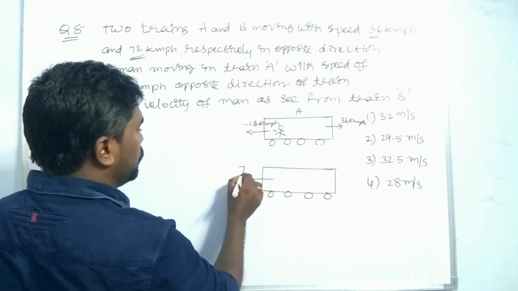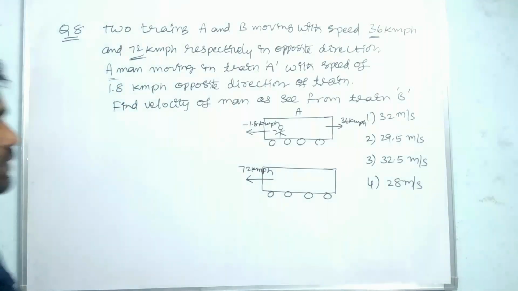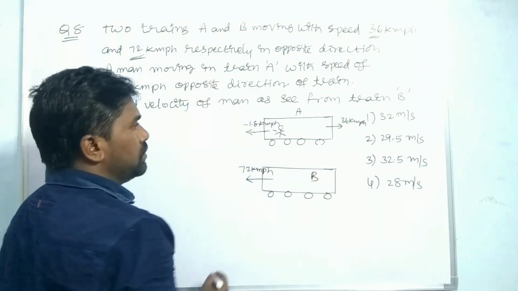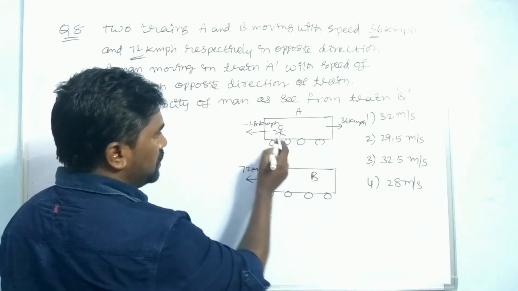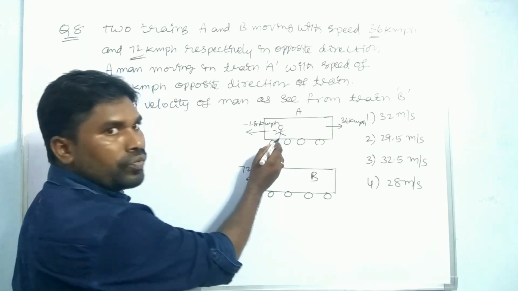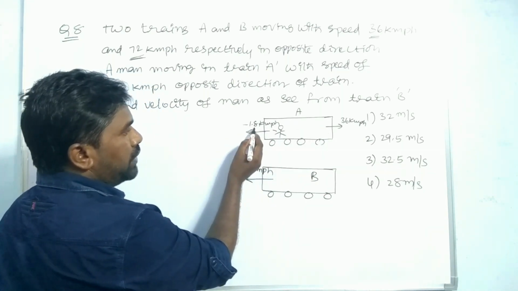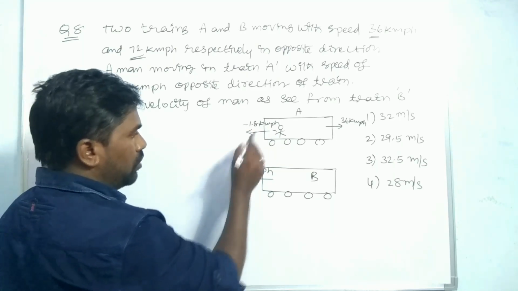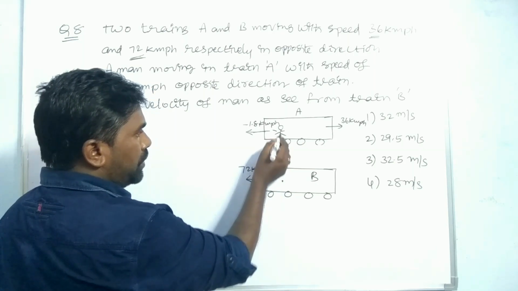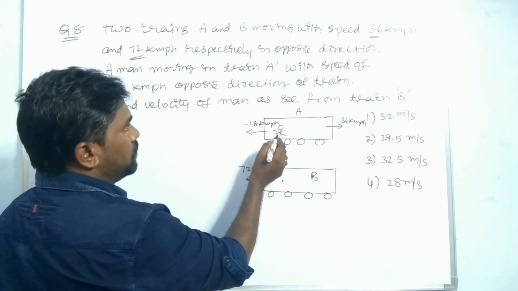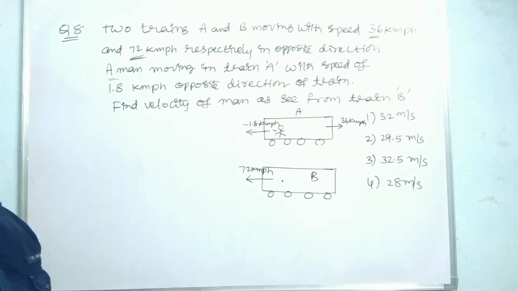This is train B. So here trains A and B are moving in opposite directions with different speeds. In train A a person is moving in the opposite direction of the train with 1.8 km per hour. If there is a man in train B, what is the speed of the man as seen from train B?